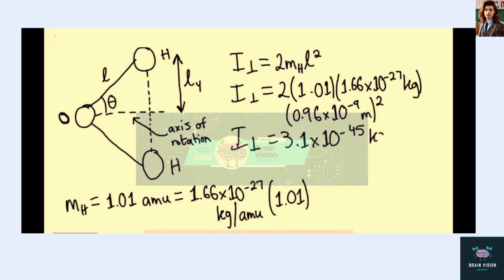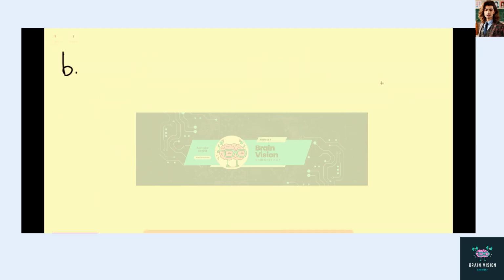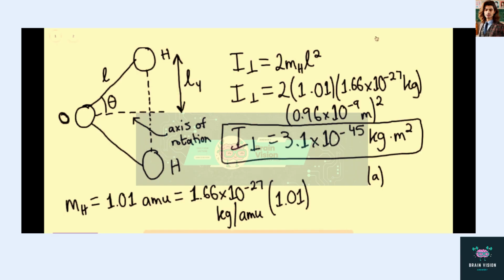For part B, however, the axis of rotation now is in the plane of the molecule. For part A, the axis of rotation was through the oxygen atom, going into the page.